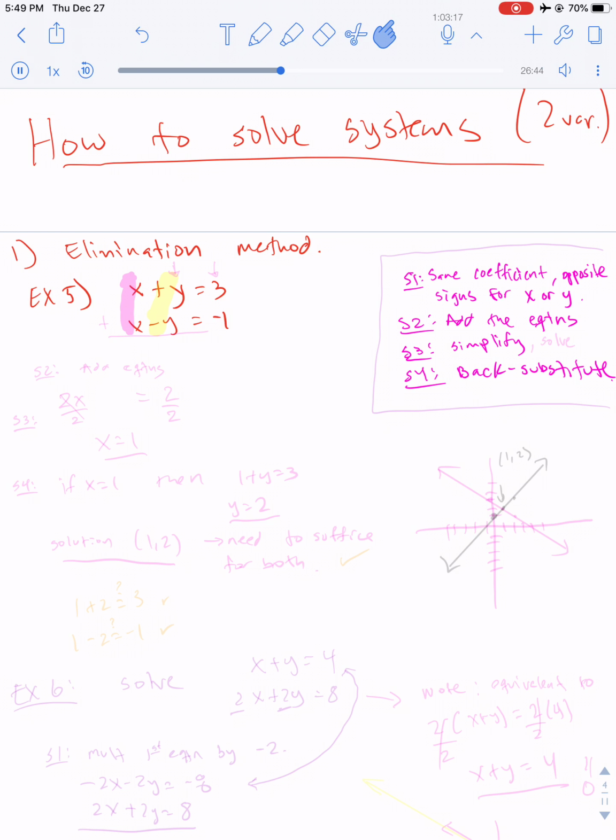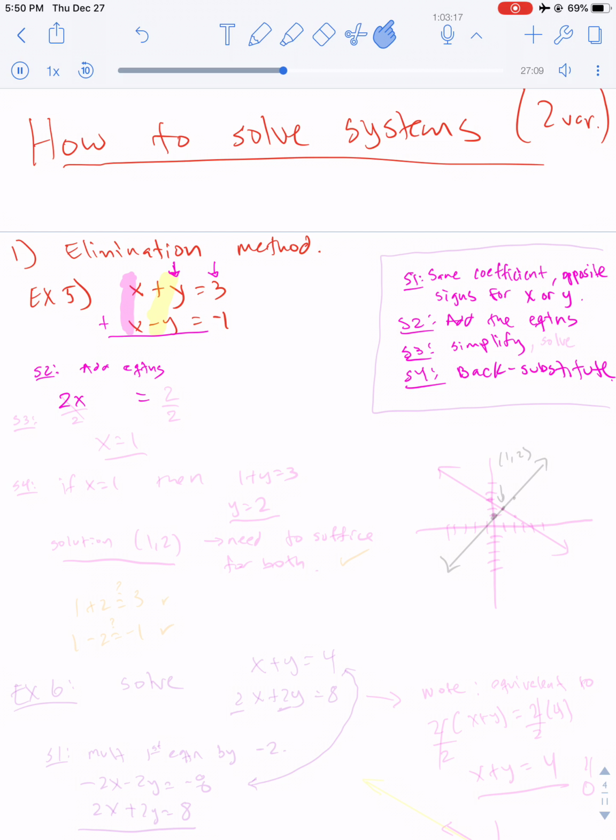Now step two, we need to add the equations. So let's add these. Now if I add x plus x, that's going to give me 2x. The y minus y will give me 0.